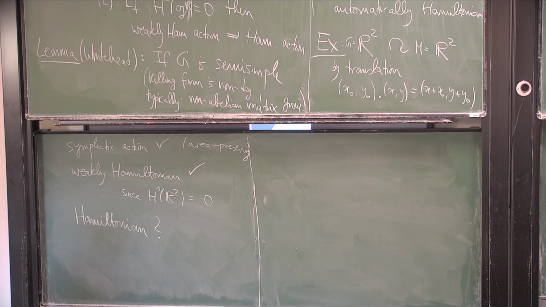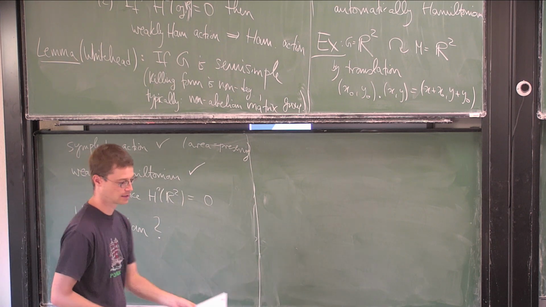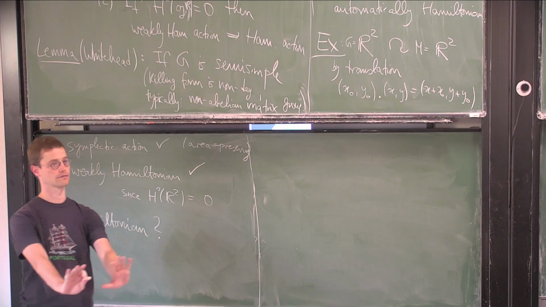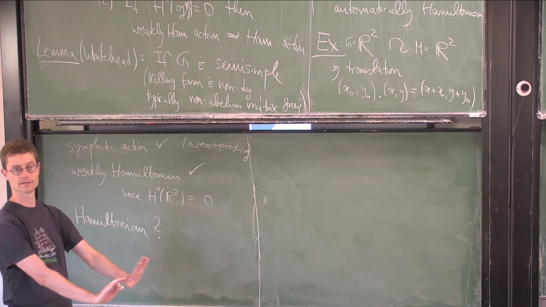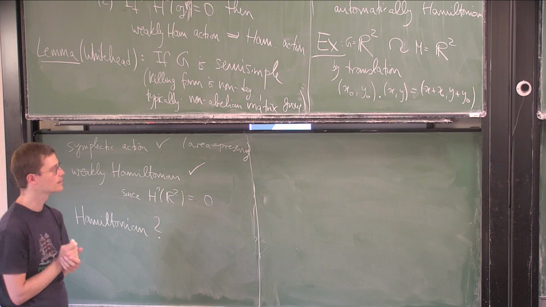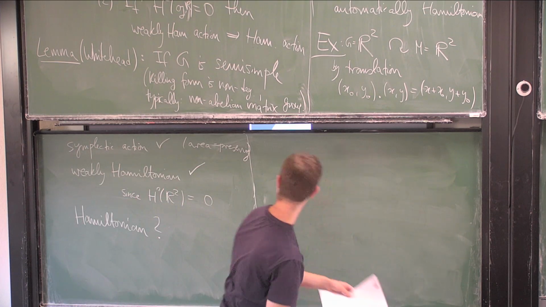So what should we check? We should really compute Hamiltonians. So shifting in the x direction, what is the Hamiltonian of this? Yes, the y coordinate. We can check this.